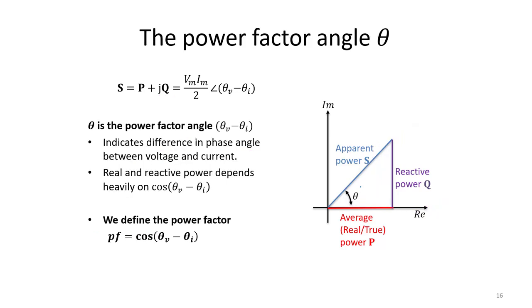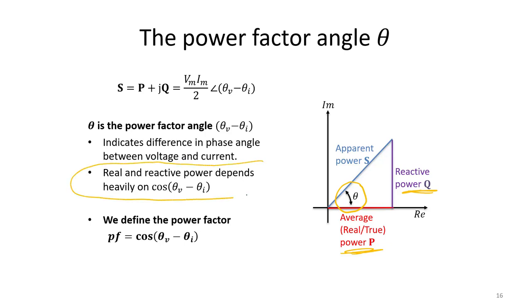Finally, that brings us to our last quantity here, which is the power factor angle, or theta. This power factor angle theta is really important because it basically determines how much of our power is real versus imaginary.